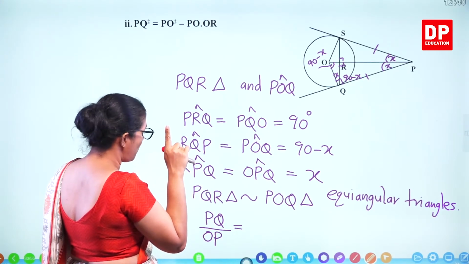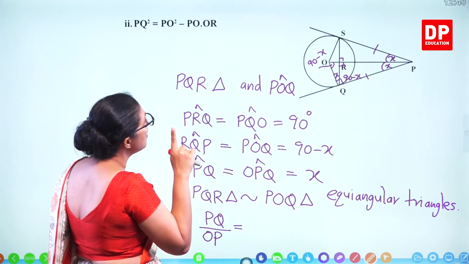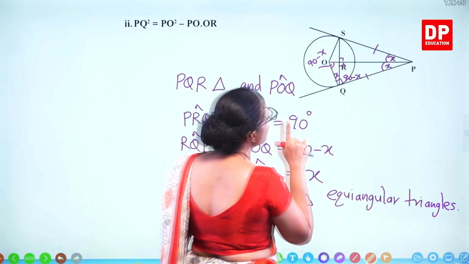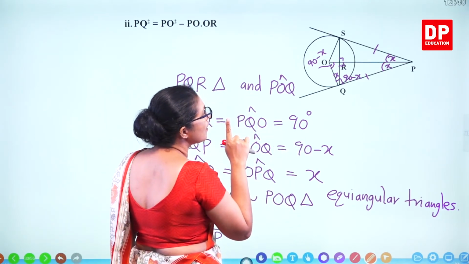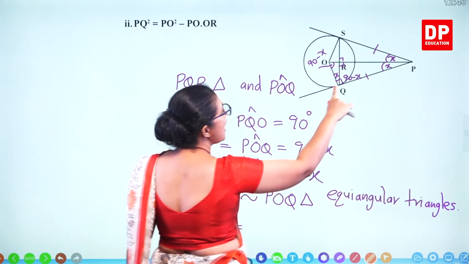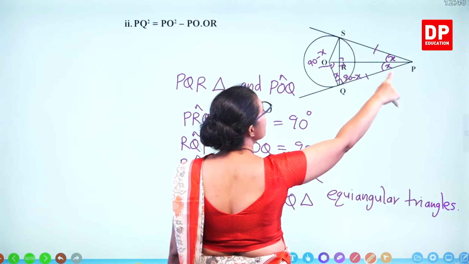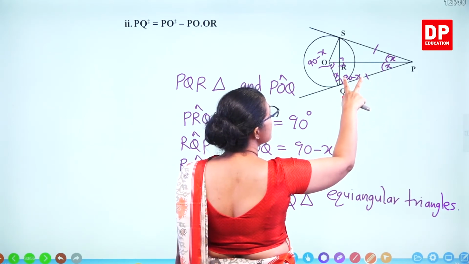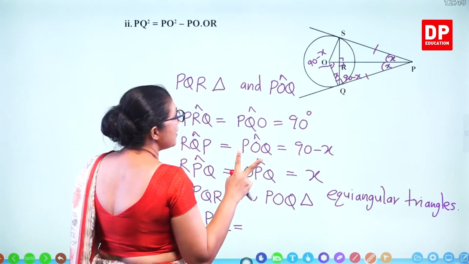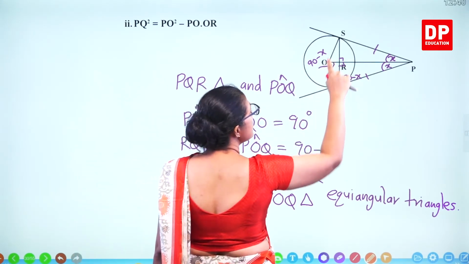OP. So PQ is there. And PR, can we take PR? That's opposite to 90 minus X angle. Opposite to 90 minus X is PR, and opposite to 90 minus X is PQ.